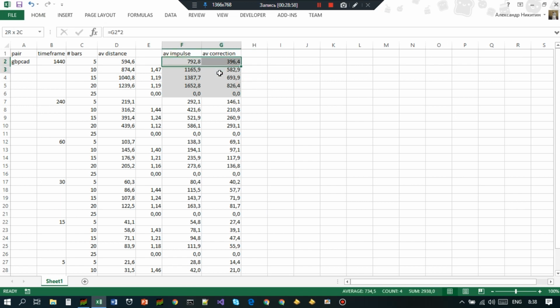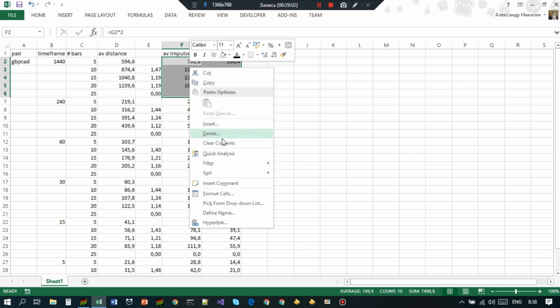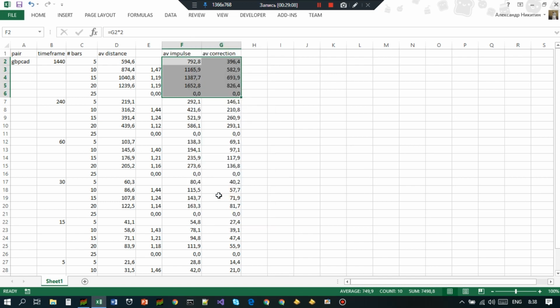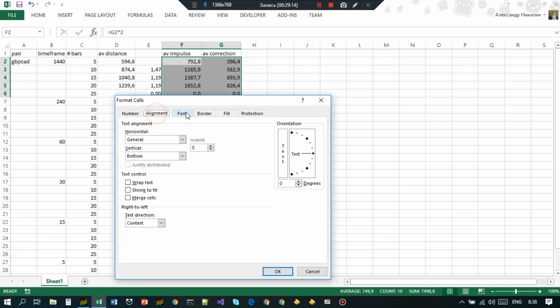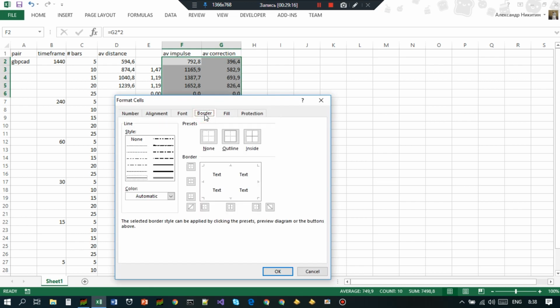And I also want the borders to be different. Format cells, I suppose. Oh, no, it is the border.